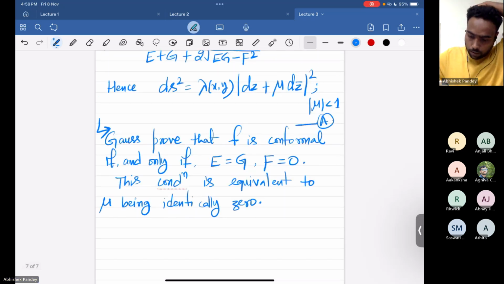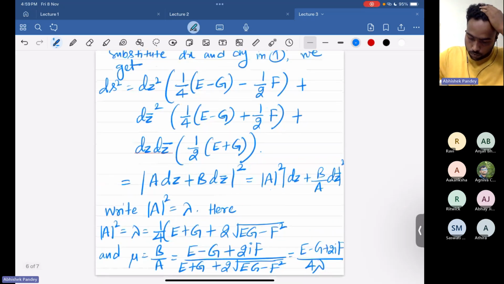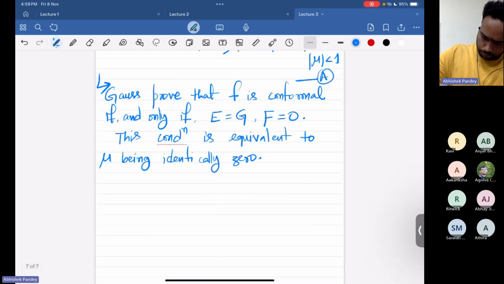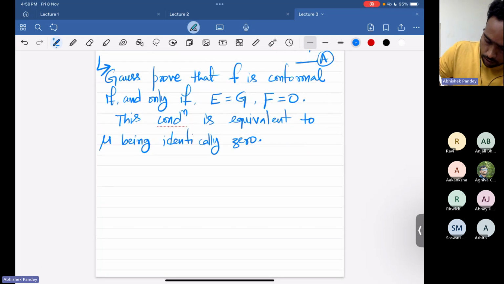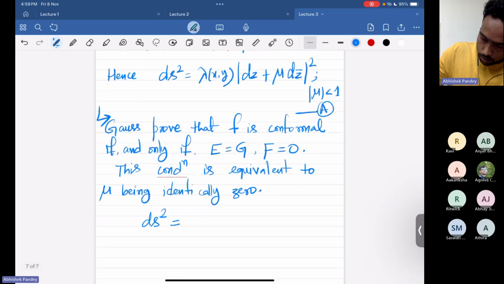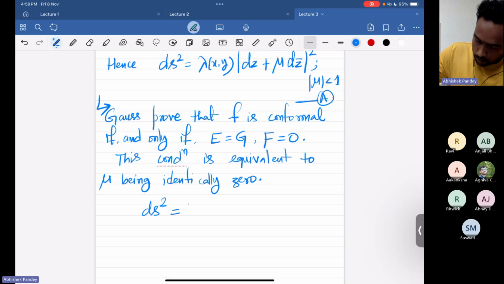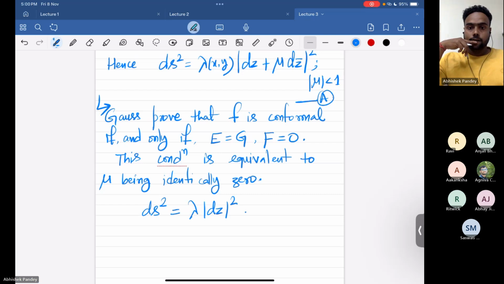Is it clear? If you take E equals G and F equals 0, then this mu is 0. So for f to be conformal, this metric form should look like ds square equals lambda mod dz square.